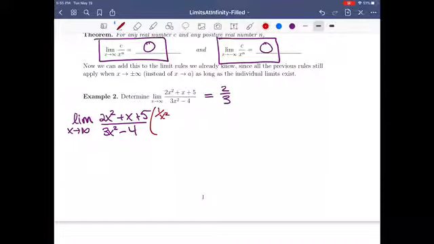So I'm going to multiply the top by 1 over x squared, which means I have to also do it to the bottom. So I multiply by this fancy 1. It has to go into all the terms here.